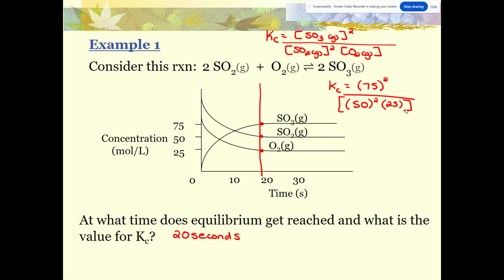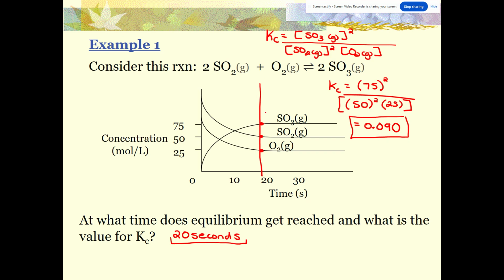So 75 squared divided by 50 squared times 25. We get an answer of 0.09. Now everything looks to have 2 sig digs, so I need another 0 at the end. So the value of Kc is 0.090 and it is reached at 20 seconds.